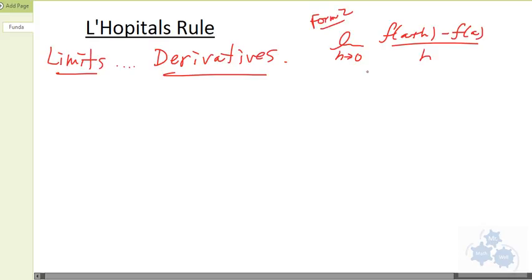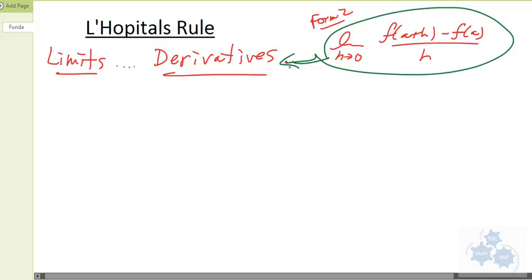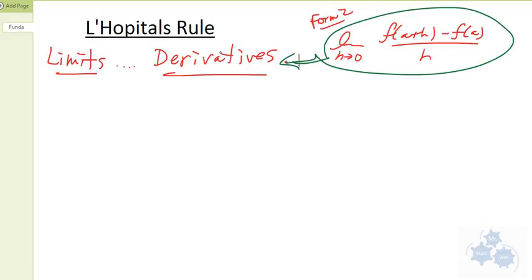There were two formulas when we did limits, and this became the definition of what a derivative actually was. So we talked about limits first, understood that concept, and it led us to derivatives.